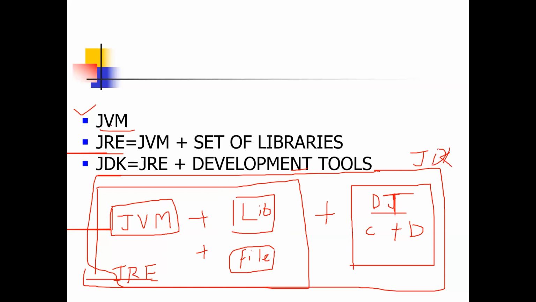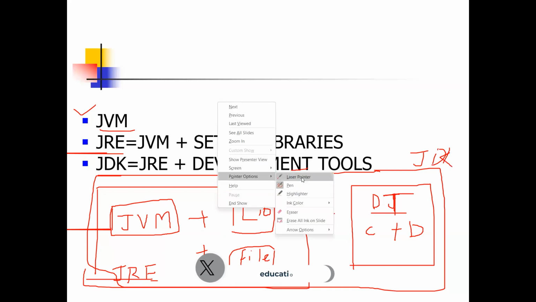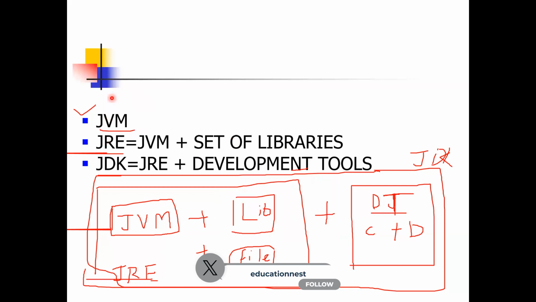Okay. So first is JVM, Java Virtual Machine, which converts your intermediate code or bytecode into machine code and makes Java platform independent. If we add some set of libraries, it becomes JRE, Java Runtime Environment. Or other files, okay: jar files, document files, loader, interpreter, etc. We add some development tools, then it becomes JDK.